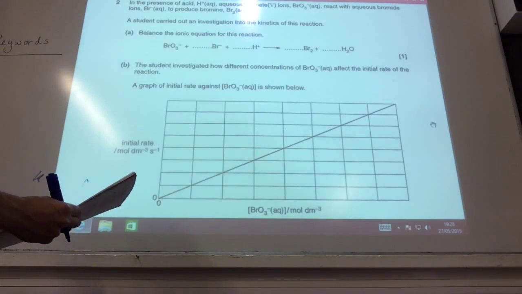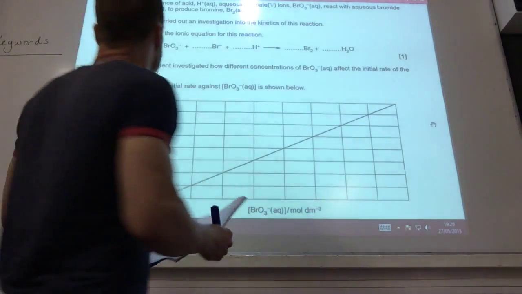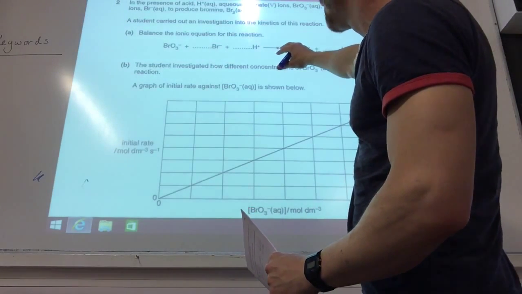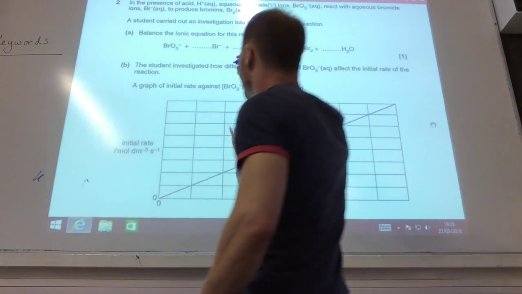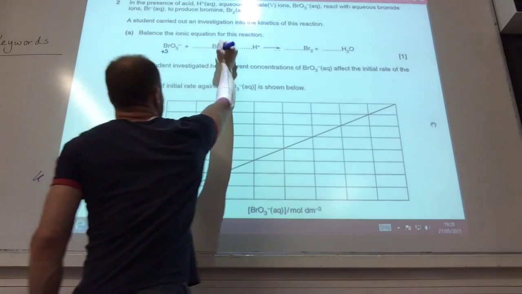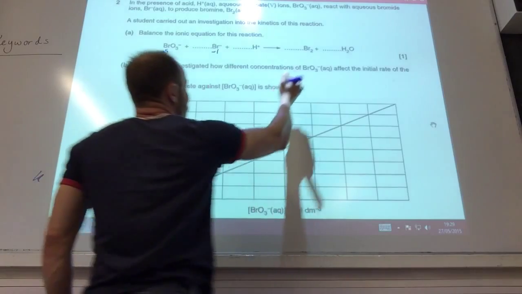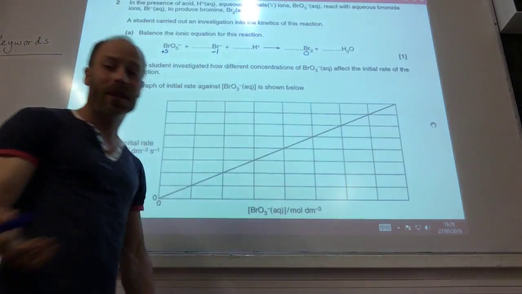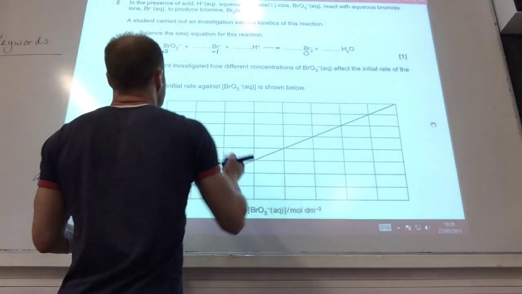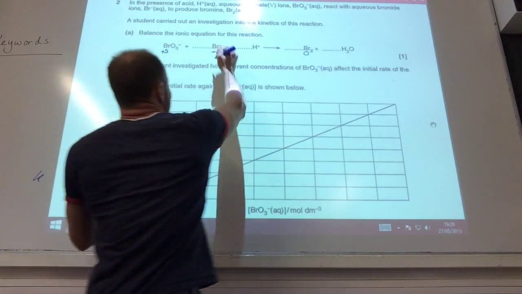Right, we're now going to move on to rates. So start off with to balance an ionic equation. So let's have a look at this. The oxidation state of bromine there is +5 and of bromide is -1, and it's 0 here. So hopefully you can recognise this is a disproportionation reaction. Right, we need to balance it though.